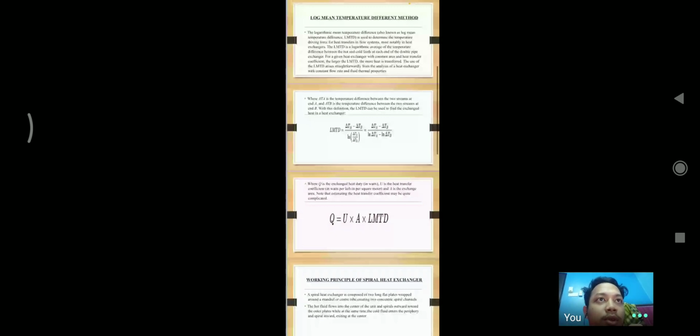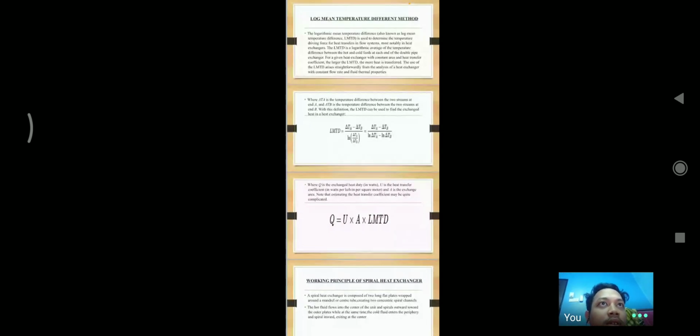The formula of the LMTD is shown in the figure, where ΔTA is the temperature difference between the two streams at end A, and ΔTB is the temperature difference between the two streams at end B. With this definition, the LMTD can be used to find the exchanged heat in a heat exchanger.